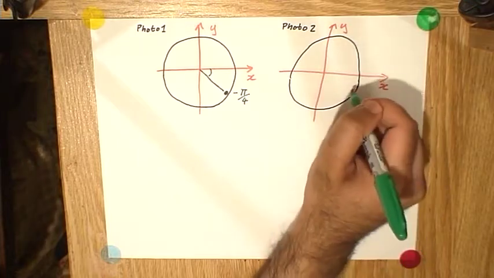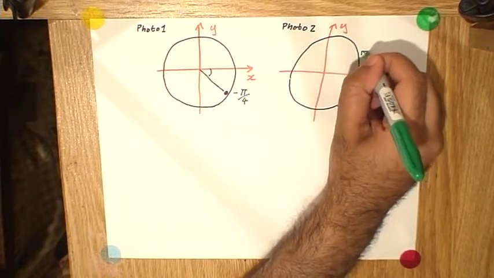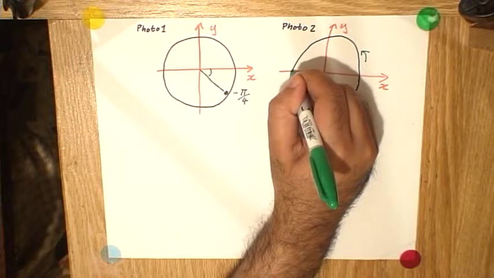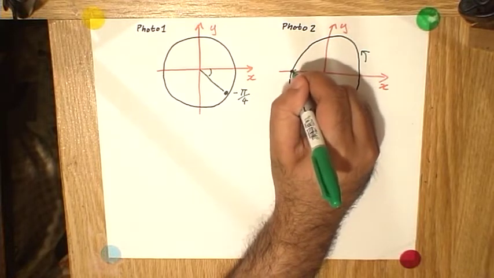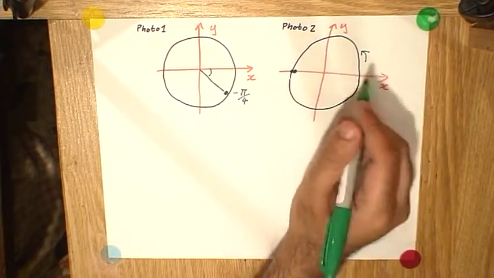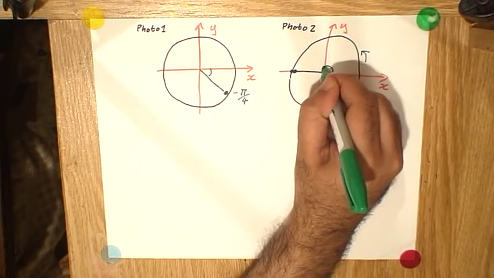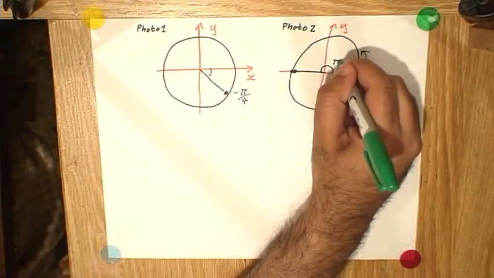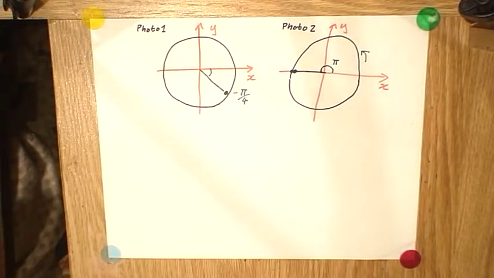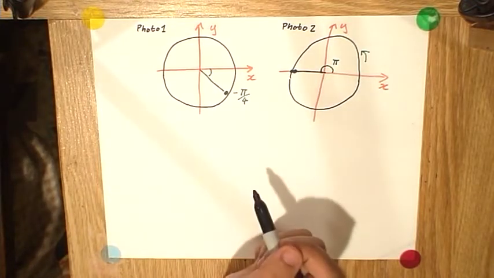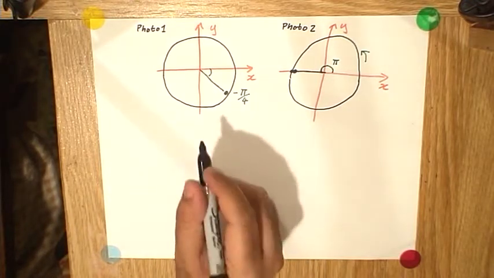And by photo 2, it has rotated counterclockwise to reach this point over here. This is the orientation of pi radians. And we are being asked to find what is the angular displacement that occurred over here.